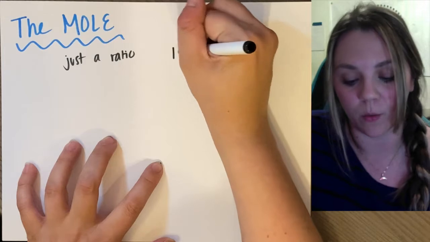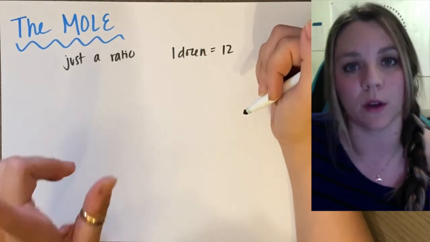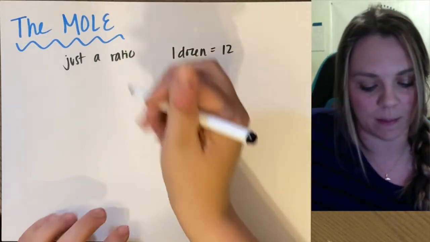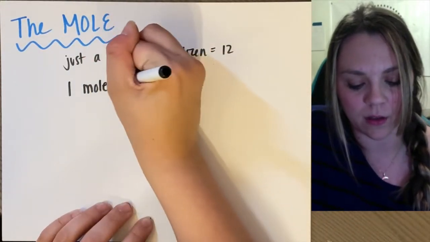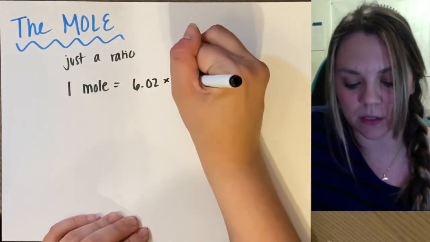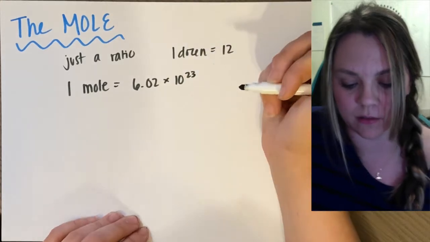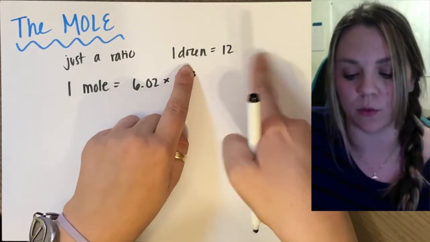Think of 1 dozen is 12, right? We all know that. 1 dozen is 12, okay? It's exactly like the mole. So 1 mole of anything is 6.02 times 10 to the 23rd of anything, right? Like you could have 1 dozen donuts. That means you have 12 donuts.